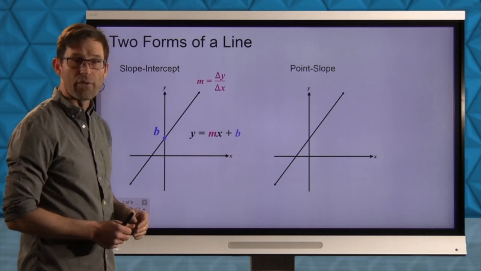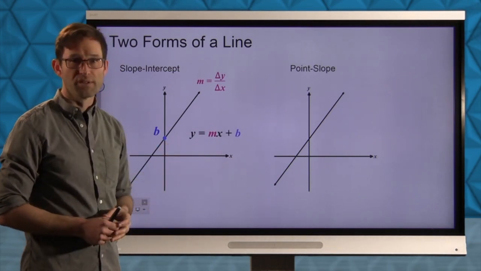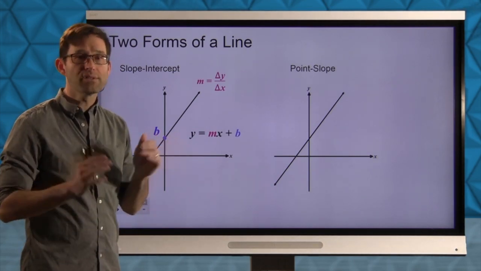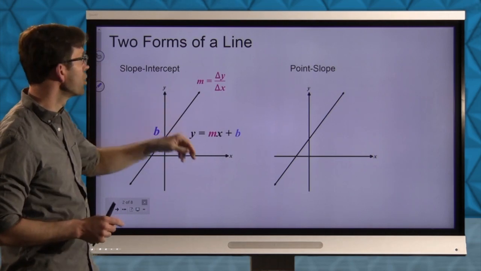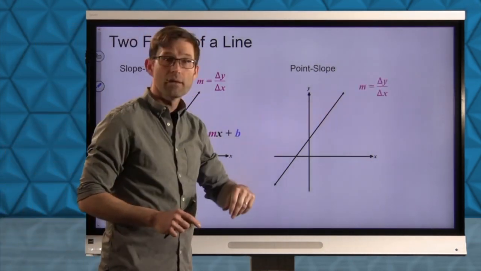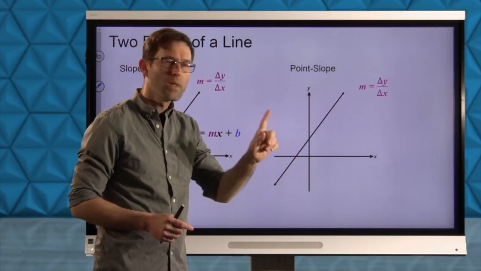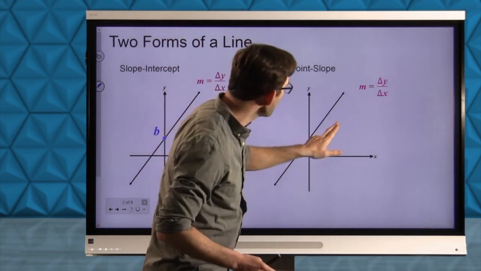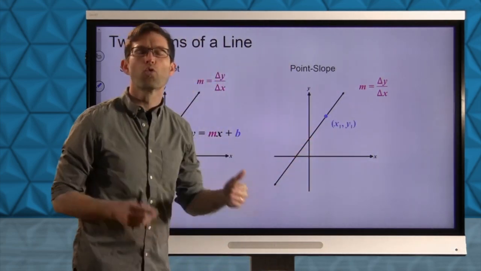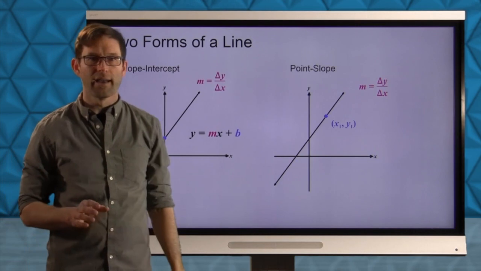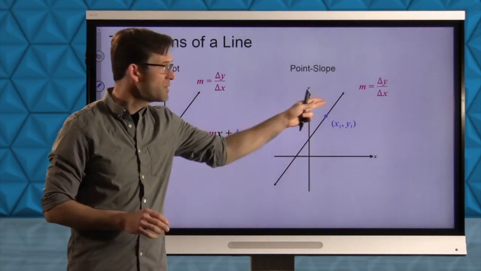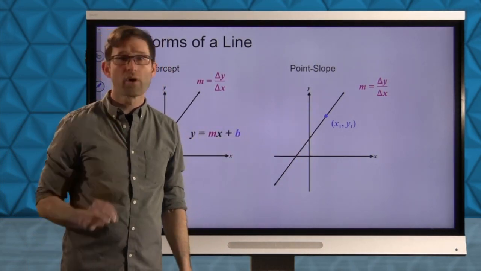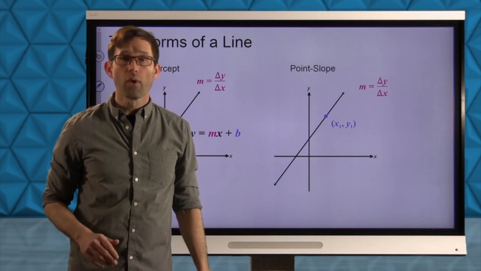And putting those together, you get y equals mx plus b. The point-slope form of a line, similar to the slope-intercept, will again involve the slope of the line, but it will then involve just some random point lying on the line.